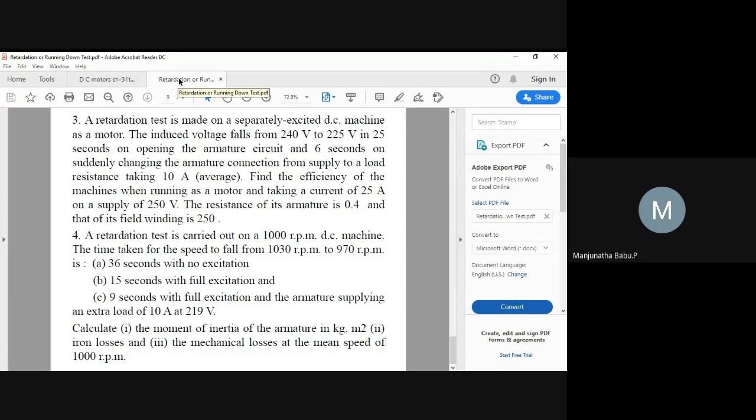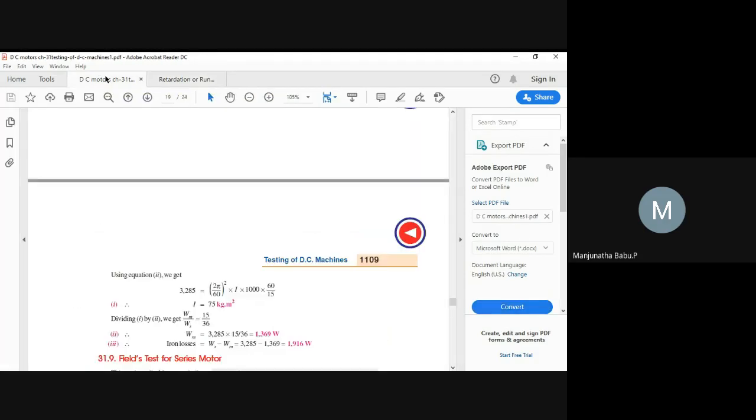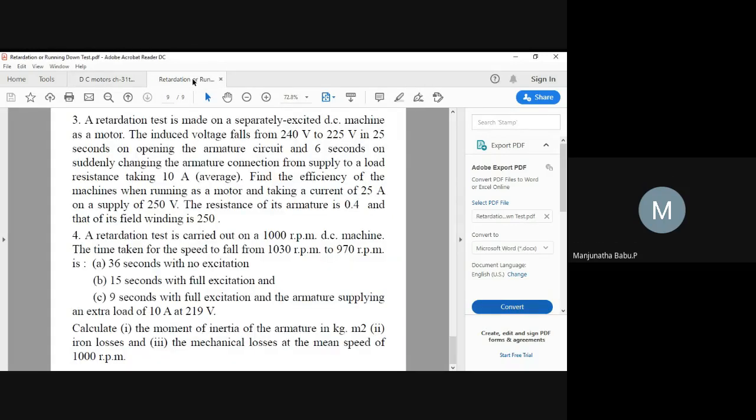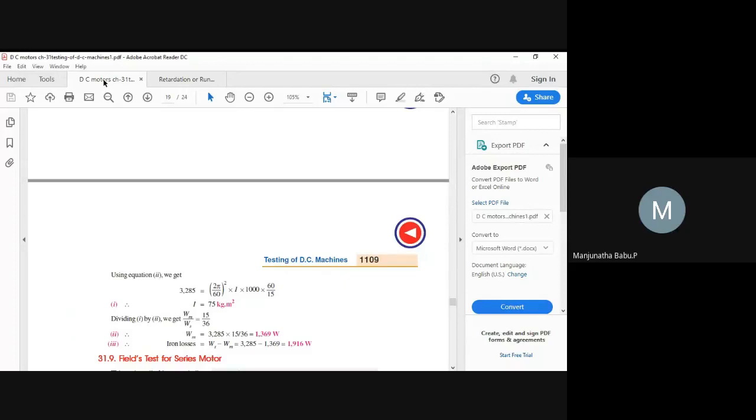So mechanical loss will be equal to stray loss into 15 by 36. How much are you getting for the mechanical loss? 1369. 1369 is the mechanical loss.